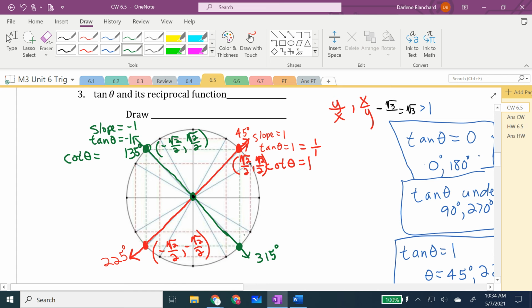At 315 degrees, your x-coordinate is positive √2/2. Your y-coordinate is negative √2/2. So whether you have y divided by x or x divided by y, you're going to get -1.